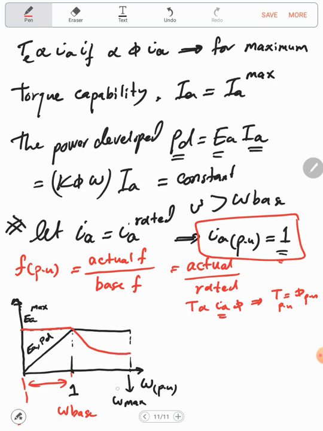And here the power must be constant. So we have region number 1 here, and we have region number 2 here. For region number 1, which is the VA control, this is called the constant torque region.